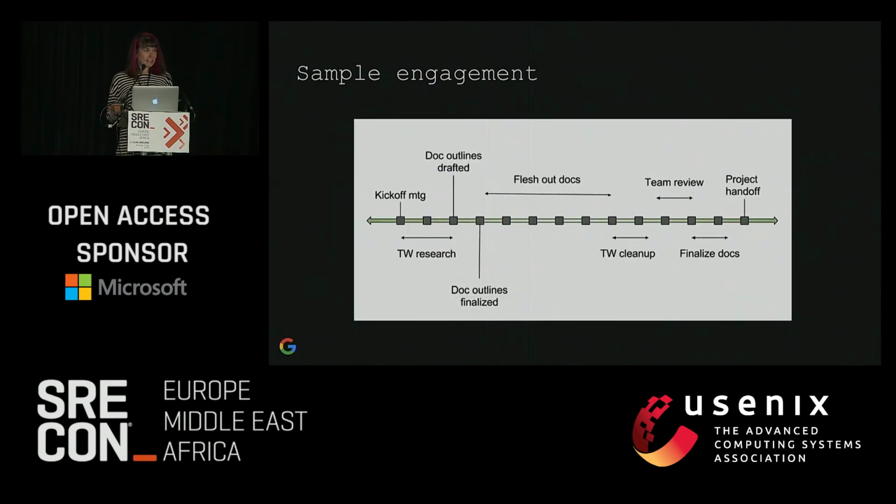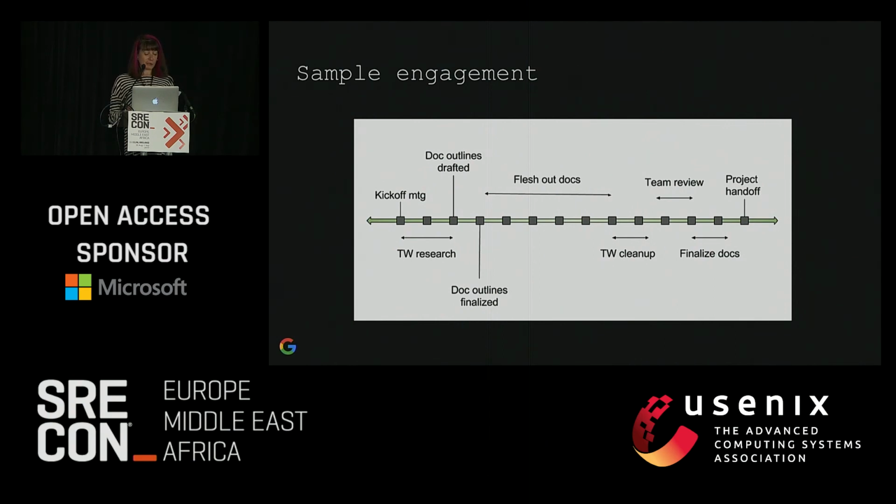So what might a typical tech writer engagement look like? Here I put up a sample timeline of how I might handle a project that's scoped to a quarter. Over the course of 12 weeks, my typical engagement is going to entail a kickoff meeting, then a research phase, me outlining the docs the team needs and iterating on those outlines with the team.